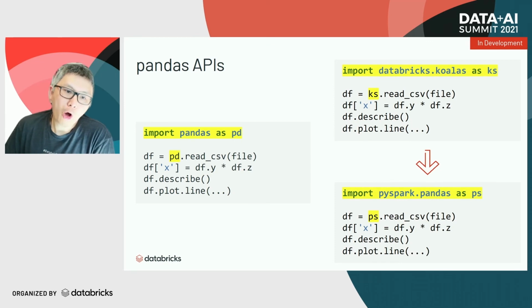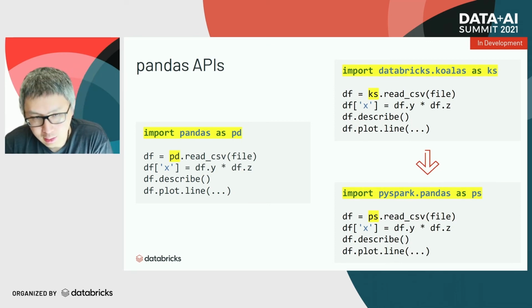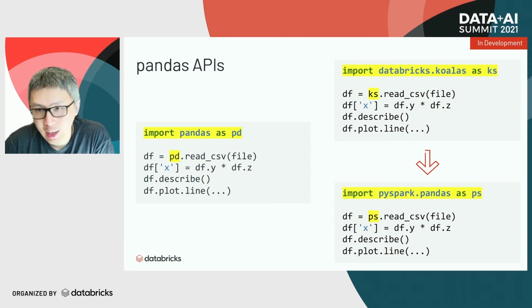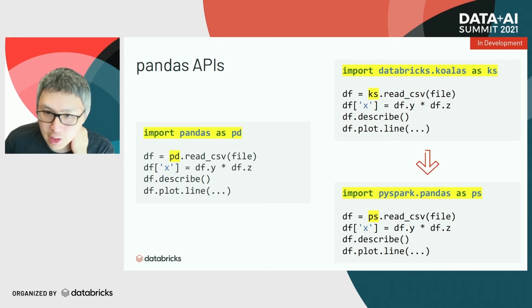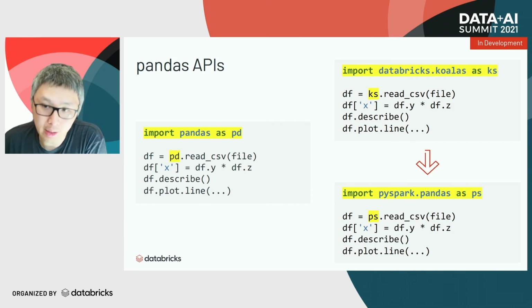After porting the Koalas code to PySpark, we changed the package name from databricks.koalas to pyspark.pandas, and also the alias name, ps. If you are an existing Koalas user, you need to update the import statements in your existing code to utilize the new version of Koalas in Spark. Then the new Koalas features will be only added to PySpark in the future.